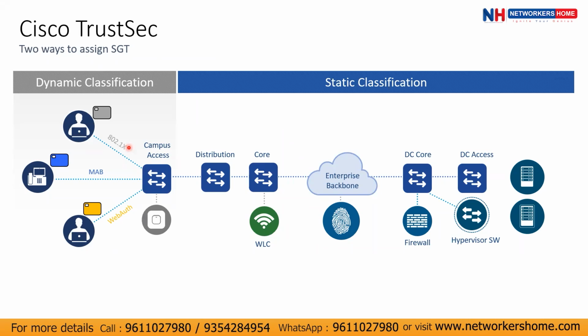That is part one. Now, other devices like your IP phone or your conference WebEx consoles have MAB authentication, which is MAC authentication bypass. So based on the MAC address, it will try to authenticate and it will provide the authorization policy.